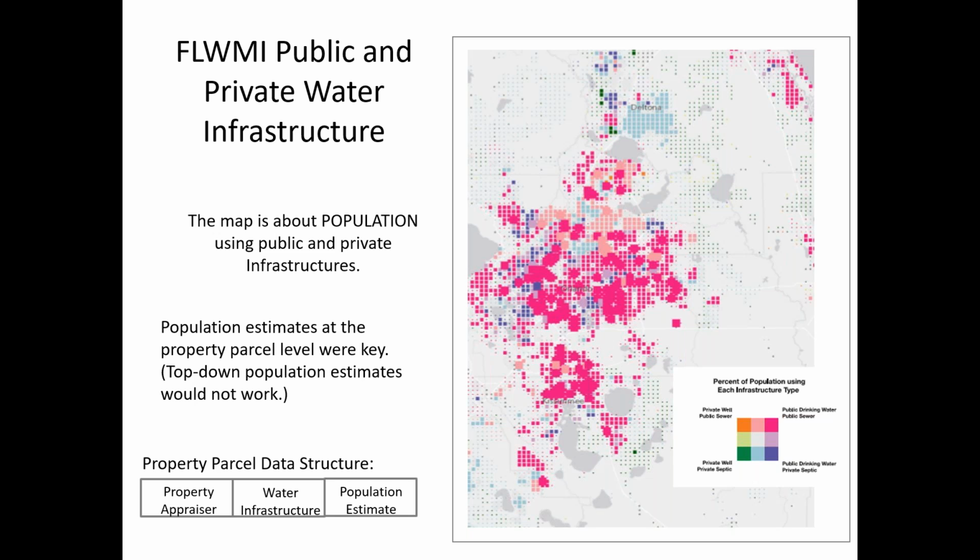And we know that FSU knows the population estimate for every land parcel in Florida. So we joined that together, and now we can get a better idea of how many people use the different types.